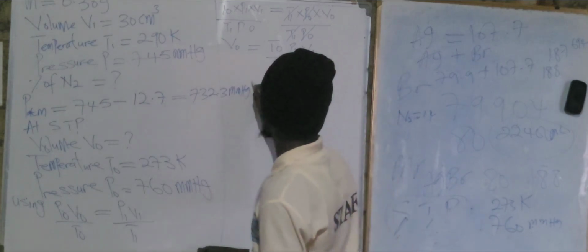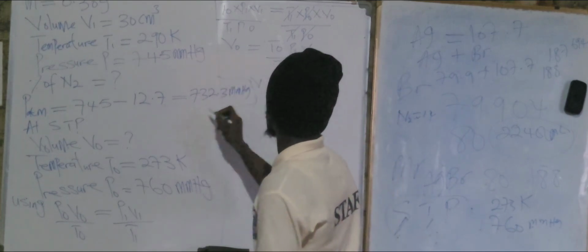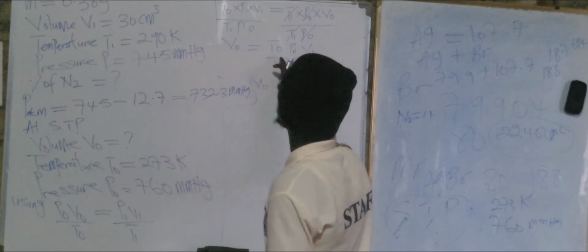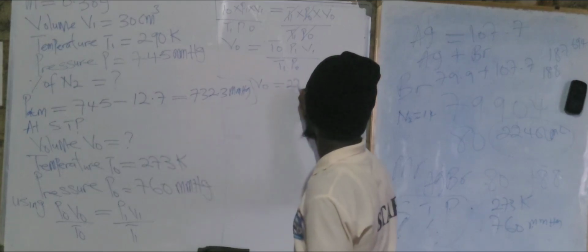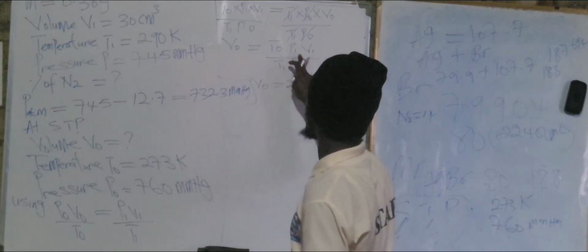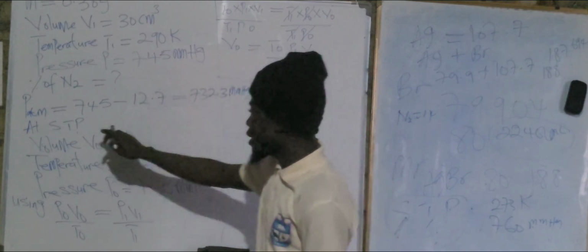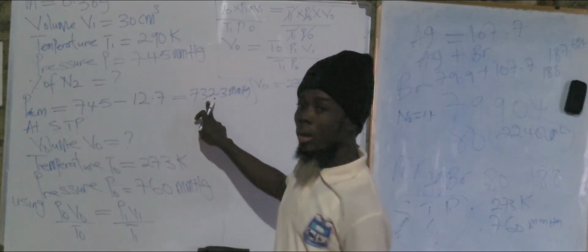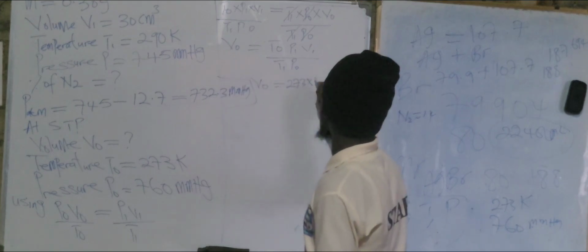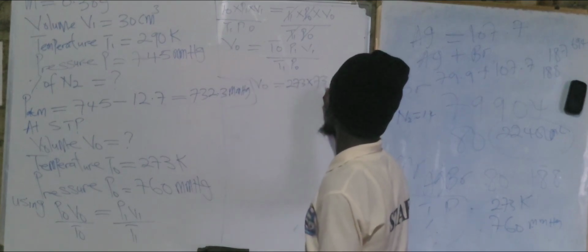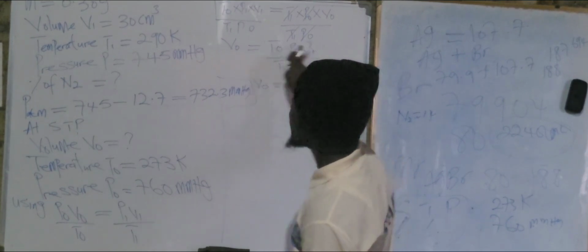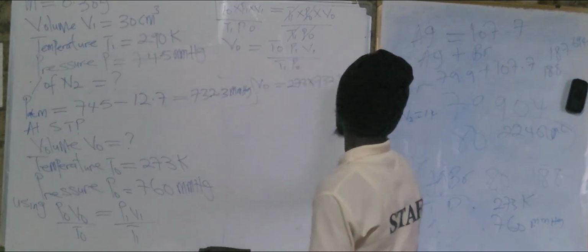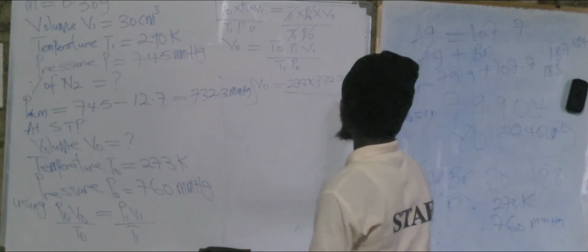Good, so therefore we now say V0 is equal to T0. What do you have for T0? 273 multiplied by P1. What do you have for P1? Look at the P1 here, it's 732.3, times V1. What do you have for V1? 30, all upon T1.